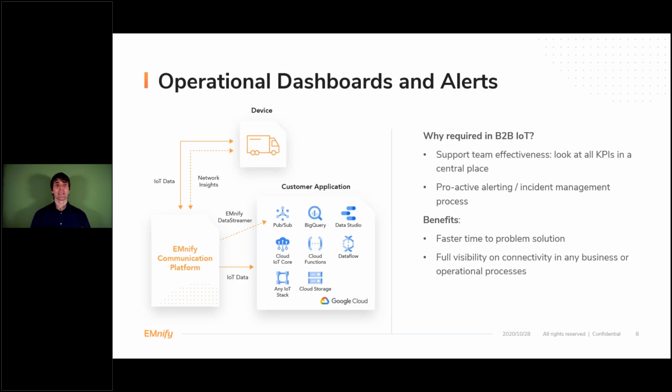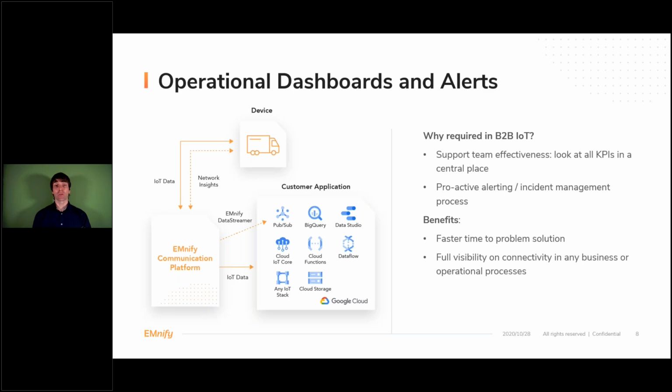Cellular connectivity is super reliable, but if you have thousands of devices in the field, it happens that there is an issue, or maybe just some misconfiguration, like volume limits reached, or that you blocked a network where the device is now going to, and you want your support team or operations team to be able to act upon this data.